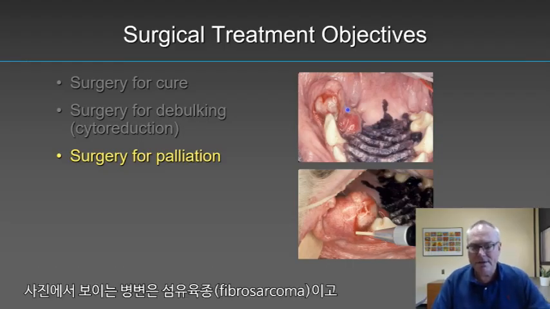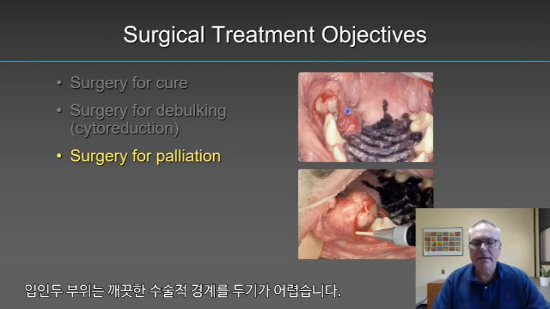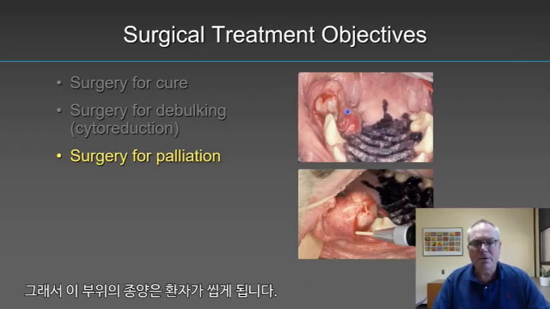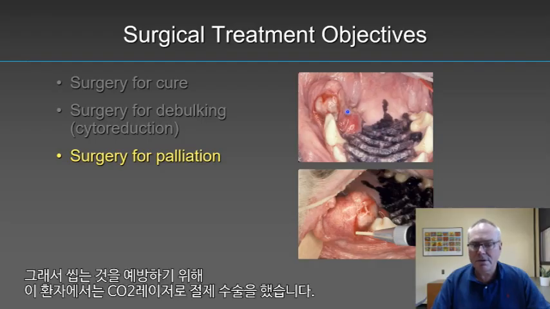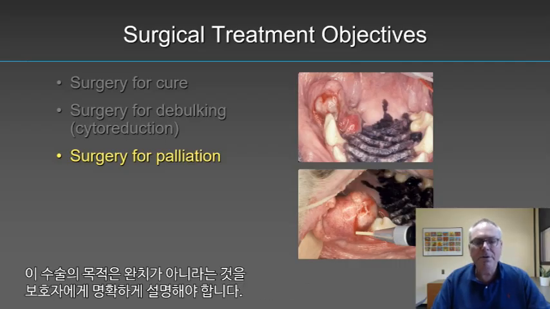This is a fibrosarcoma in the oropharynx, a very difficult area to obtain clean margins, but the animal kept on chewing on its tumor. To prevent that from happening, we used the CO2 laser and removed the prominent part of the tumor.